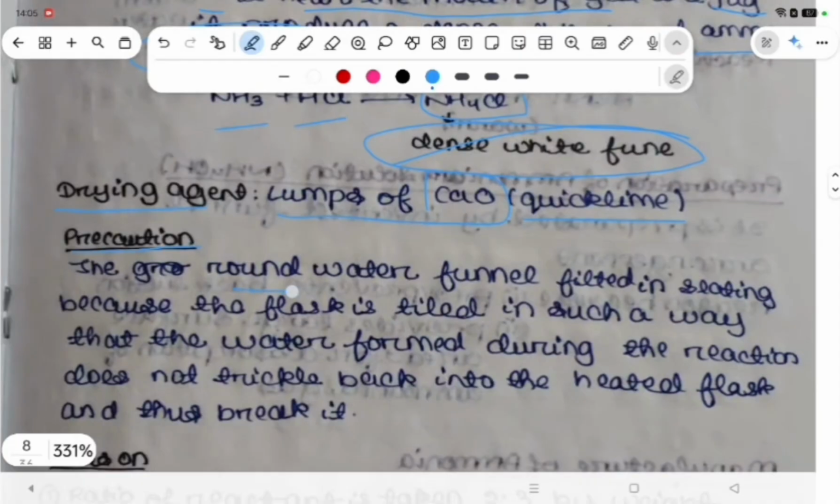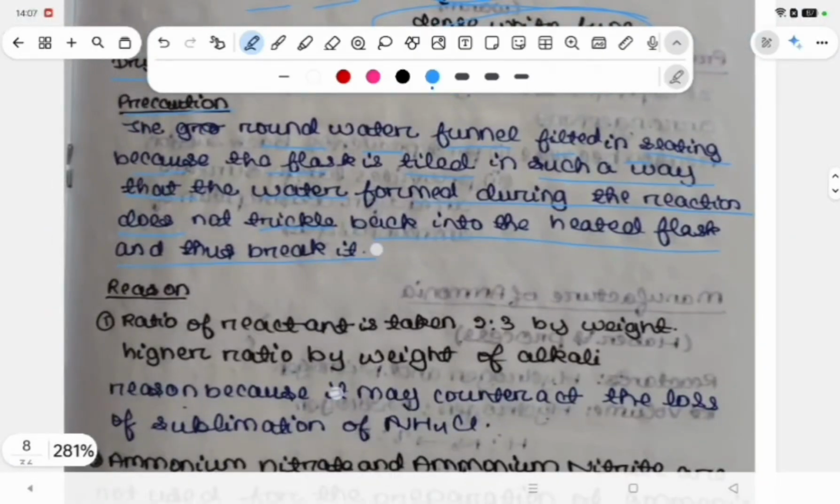Precautions: the round bottom flask is tilted in a slanting position because this way the water formed during the reaction does not trickle back into the heated flask and thus break it.